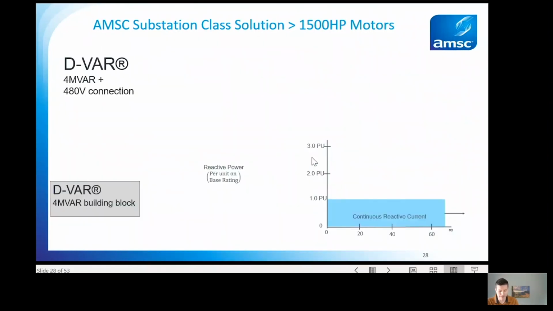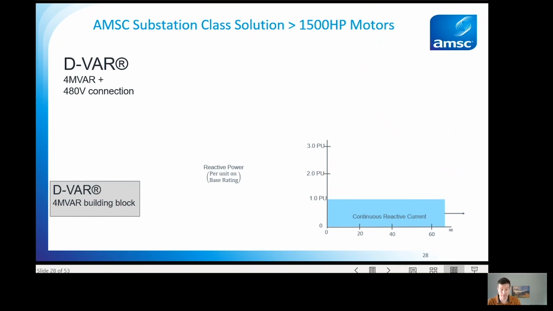If you do have an application for a motor that's larger than 1500 horsepower, we do have a larger substation class STATCOM. Typically, those motors are getting into the 2000 horsepower and up range, and it's very uncommon that those would be on the distribution system. You do see it sometimes, but a lot of times you're talking about a larger substation or a larger facility anyway.